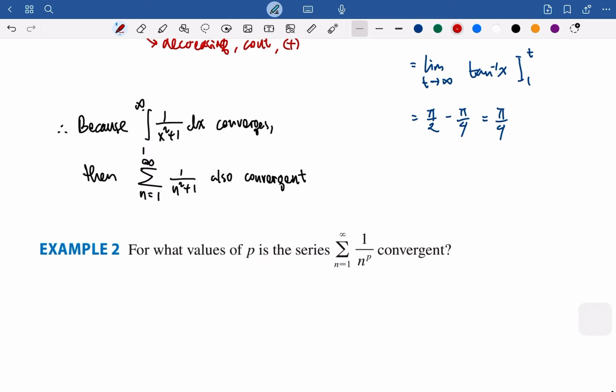So this can also be done for the series 1 over n to the power of p, and we can define what values of p make the series converge or diverge. Okay? And we can also relate this p-series to the geometric series we've done before, because we can rewrite this in terms of geometric series as long as we know the ratio, right?